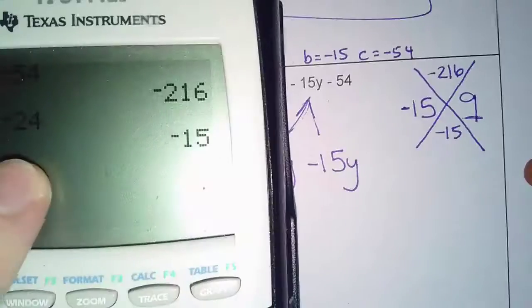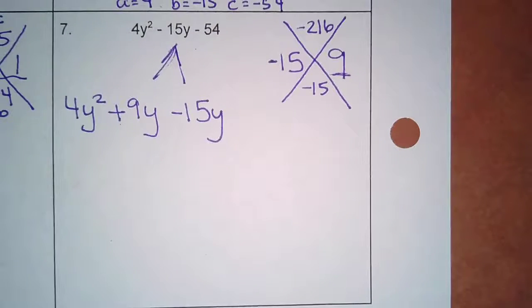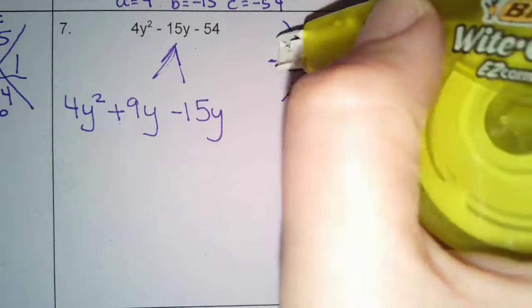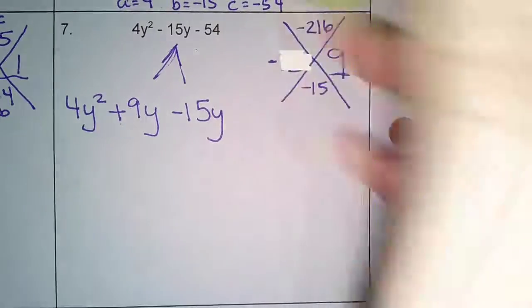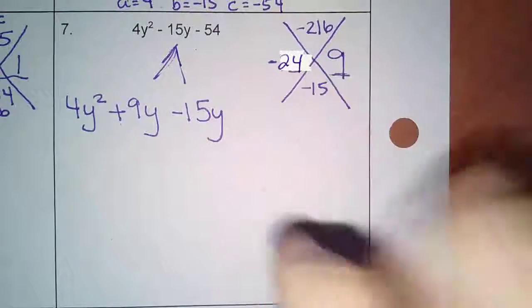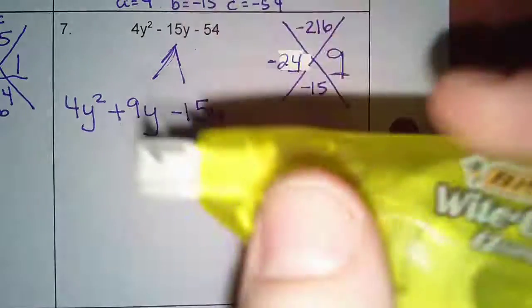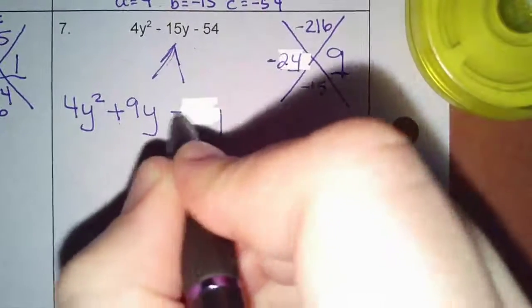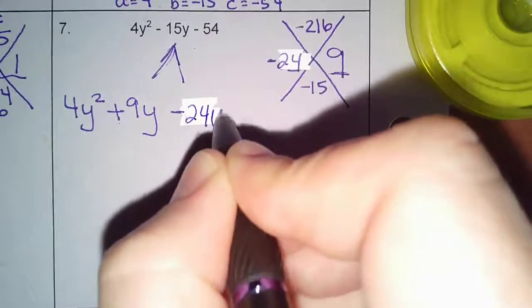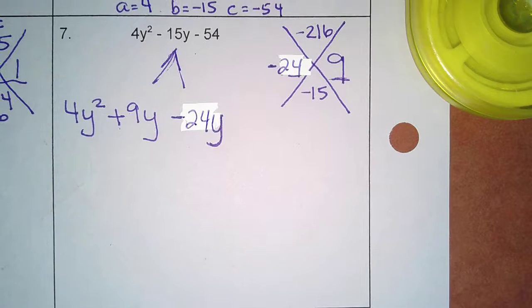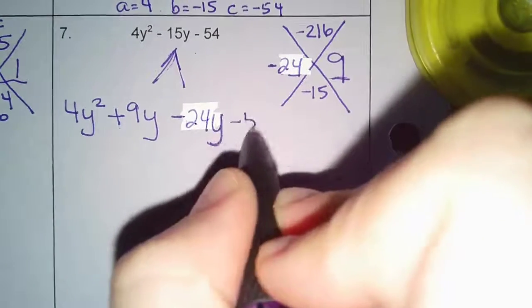It was 24. So this term here should be negative 24. Because now negative 24 plus 9 is negative 15. So I'm going to fix that one. Just made a little mistake. Minus 24y. Caught it early though. That's fine. Drop down, minus 54.